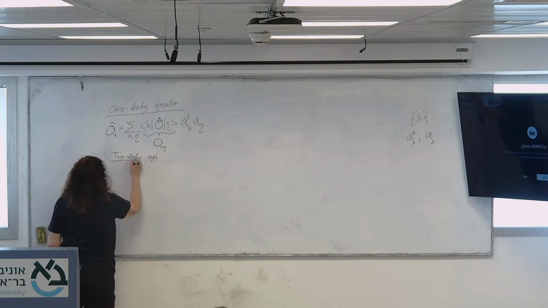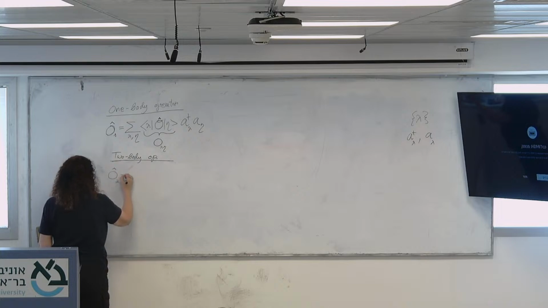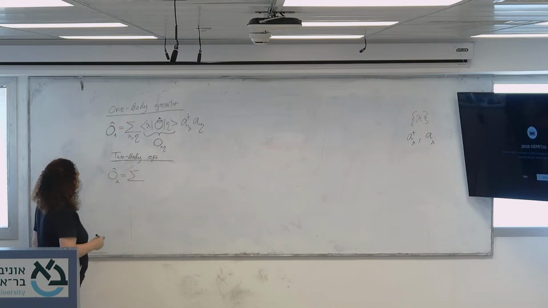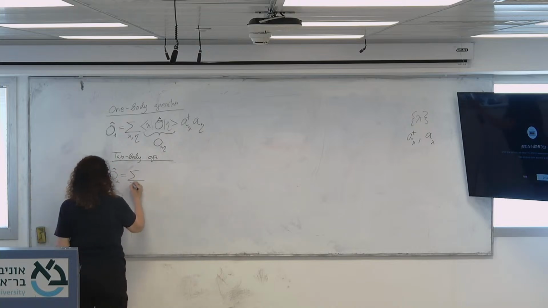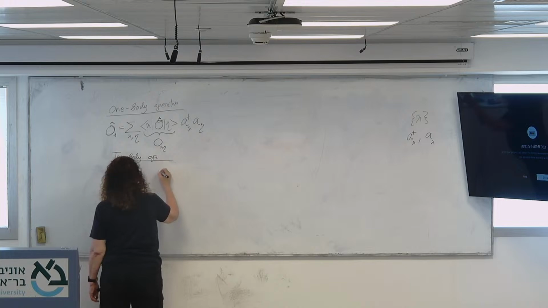And then a two body is most generally represented as a sum over 4 indices. Okay, and let me write it here.